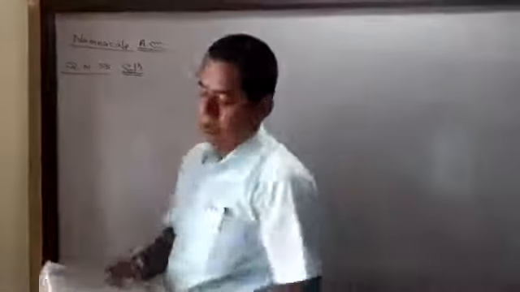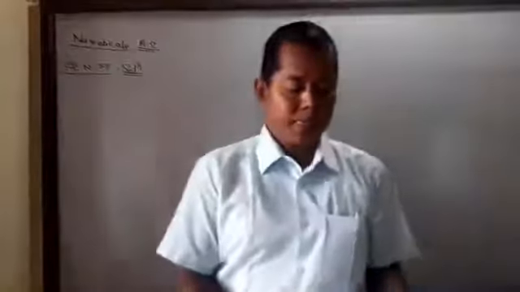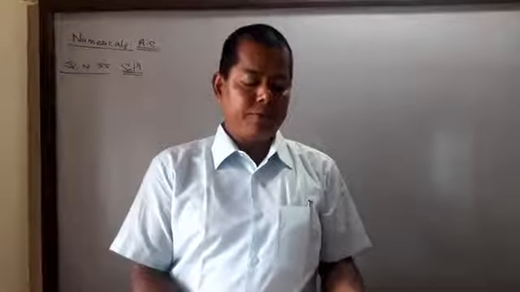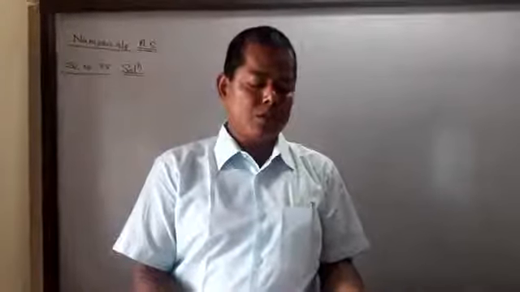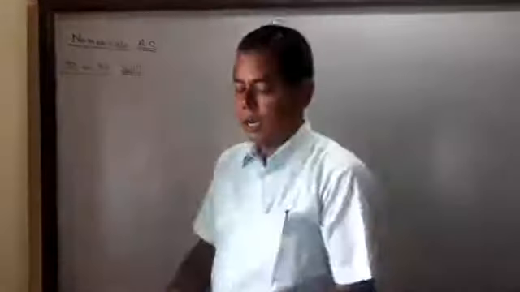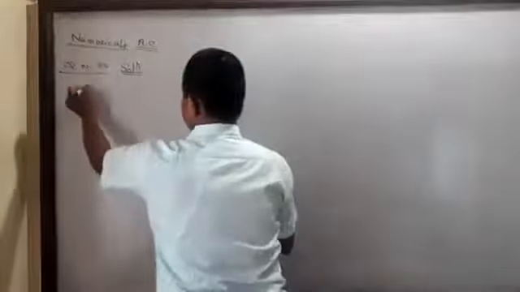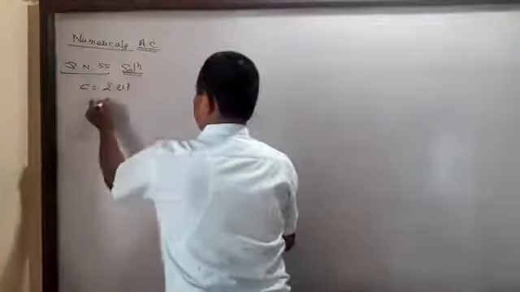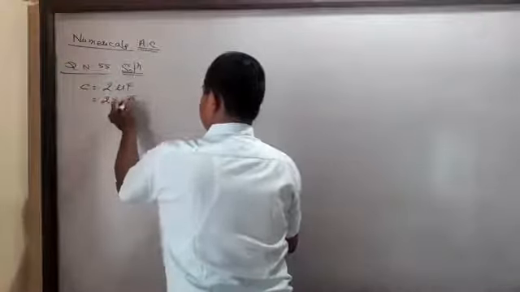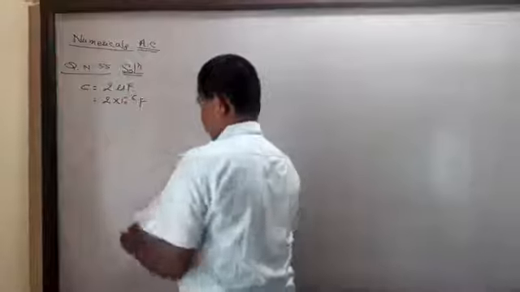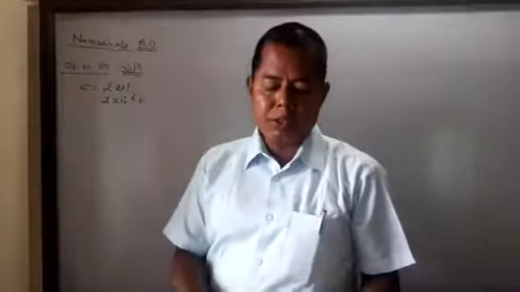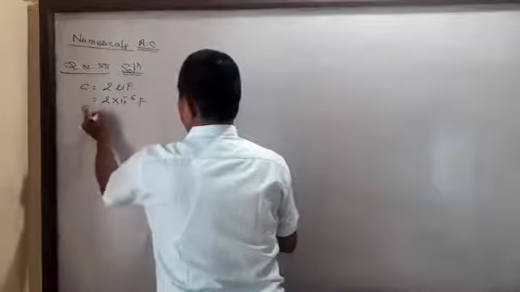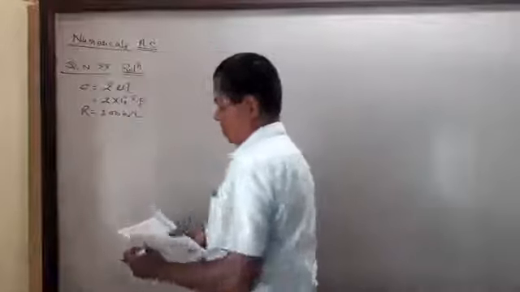Listen to what this question is telling us. A circuit consists of a capacitor of 2 microfarad and a resistor of resistance 1000 ohm, meaning C and R. C has value 2 microfarad, which is 2 into 10 to the power minus 6 farad, and R has value 1000 ohm.